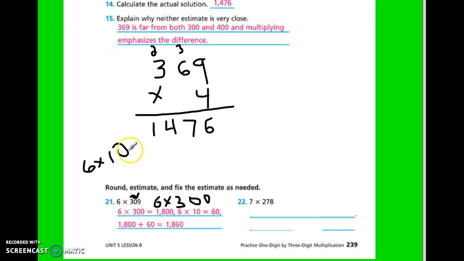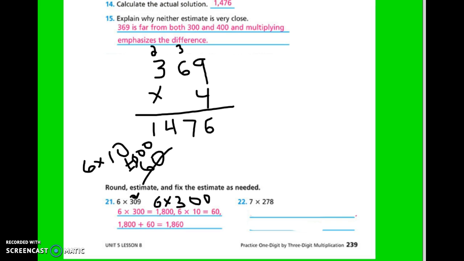I could do 6 times 10, which would give me 60. And we already figured out that 6 times 300 was 1,800. So if I added on 1,800, then I would have ended up with 1,860, which would be a closer estimate to what we originally had.